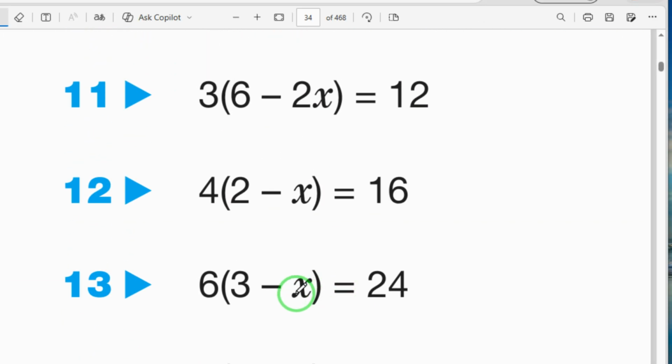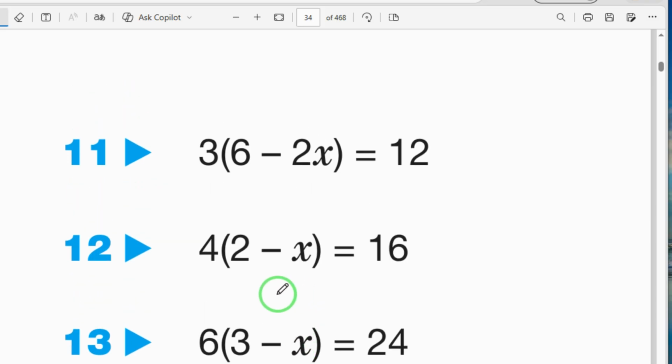Question number 11 as well. First, we divide both sides of the equation by 3. Here we simplify 1 times 3 and 1 times 3, which only remains 6 minus 2x, sorry.